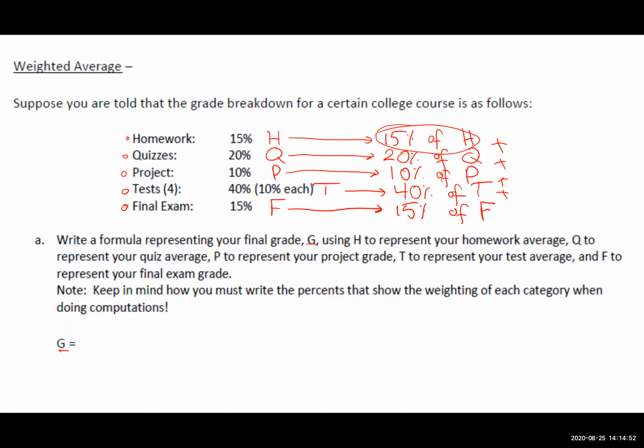Well, if I want to compute 15% of H, that's going to be, starting with the decimal, 0.15 times H. And then I'm going to need 20% of our quizzes. So that's 0.2 times Q. 10% of our project.